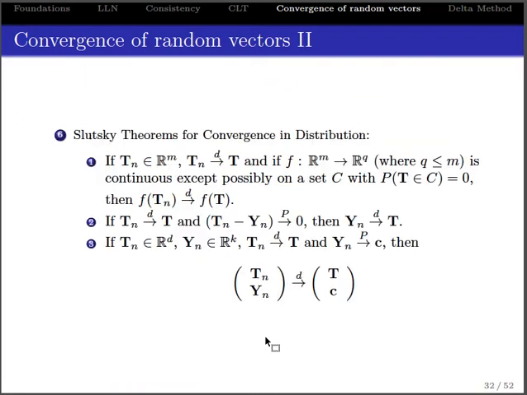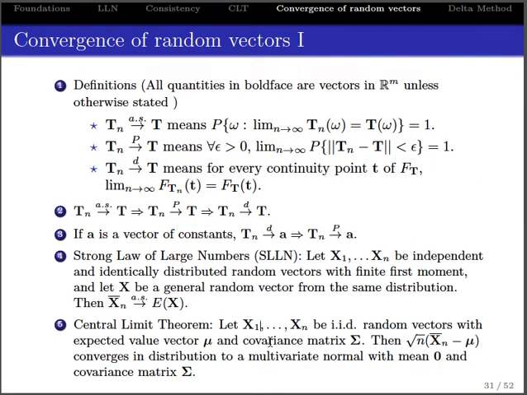And there's a central limit theorem, which says that if x1 through xn are independent and identically distributed random vectors with expected value mu, and instead of a variance, covariance matrix sigma, then square root of n times x bar minus mu converges in distribution to a multivariate normal with mean 0 and covariance matrix sigma.